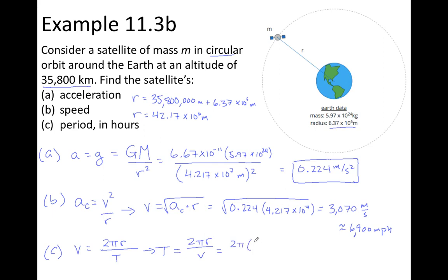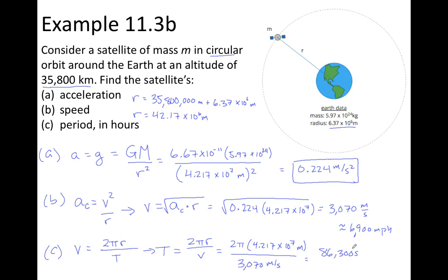I know that radius, that's the 4.217 times 10 to the 7th meters, divided by that special speed, 3,070 meters per second. That is going to give us a value of 86,300 seconds.